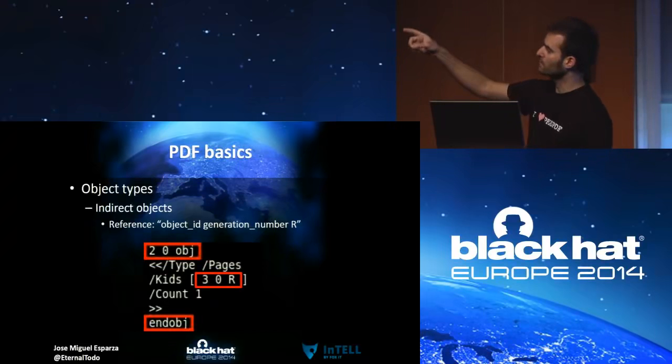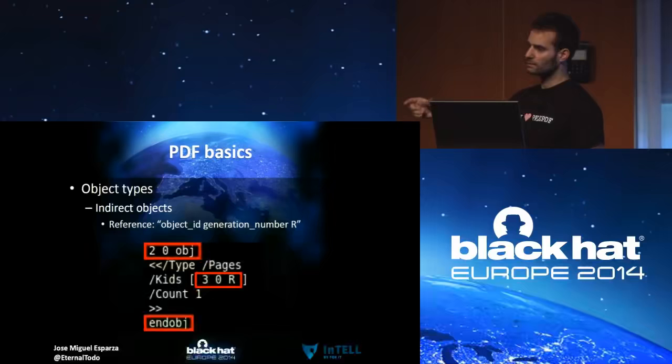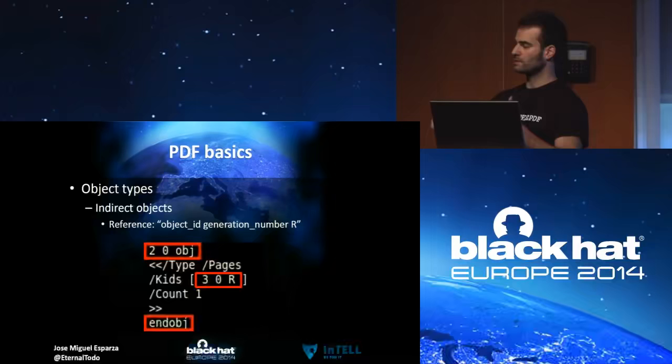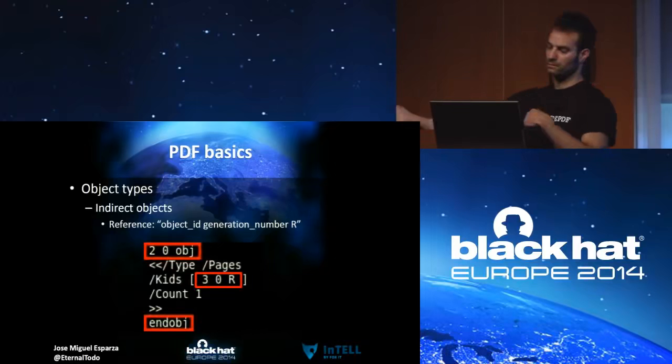This object is a Pages object, which means it contains all the pages of the document. So in this case, it's just referencing one object, 3 0 R. So object 3 is the only page of the document. It's like referencing: inside an object you can reference another object and chain them.